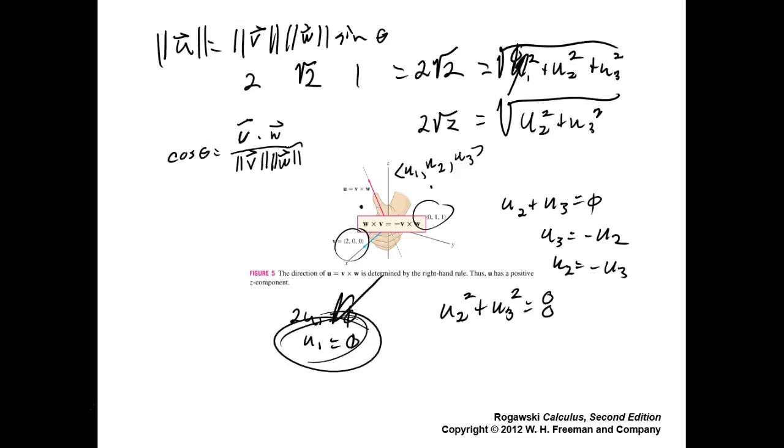Okay? And we know these two have the same magnitude. So basically, whichever one you choose, this is going to be the same as saying u3 squared plus u3 squared is equal to 8. Plugging in u2 is equal to negative u3, and negative u3 squared would be u3 squared, plus u3 squared would be 2u3 squared is 8, right?